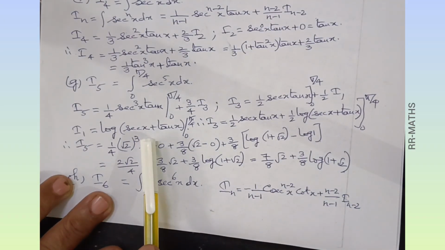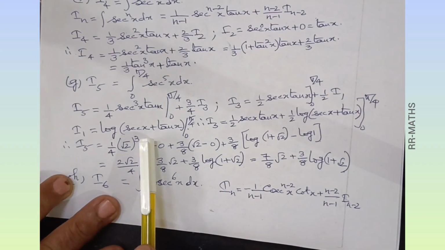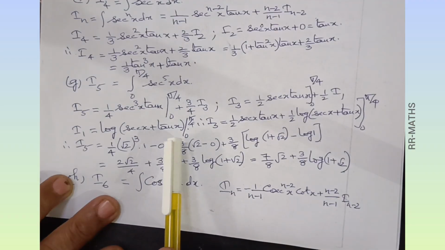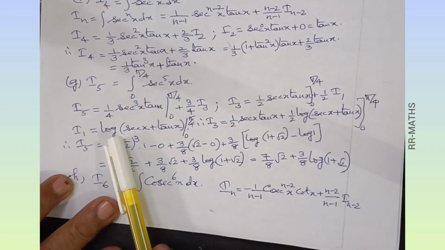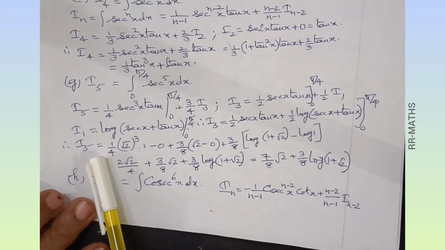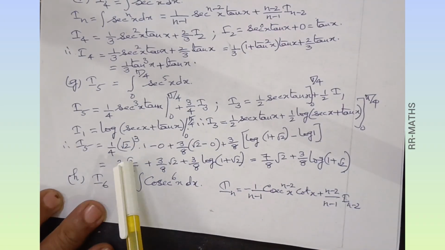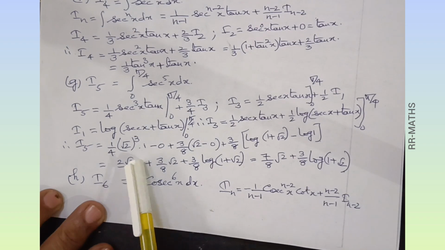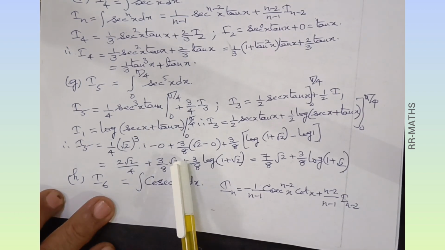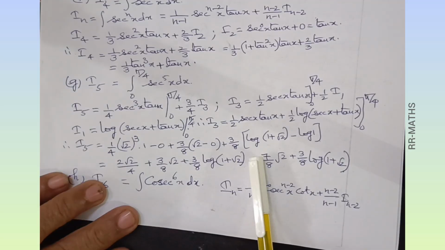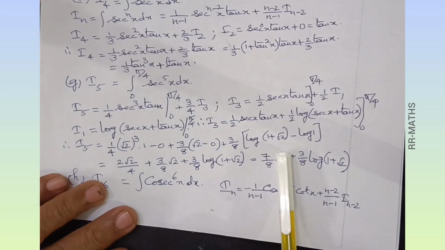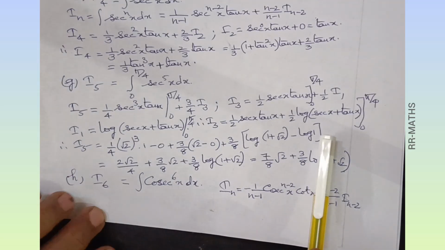So when you substitute upper limit, you get log of root 2 plus 1 and lower limit is going to be log 1 and log 1 is going to be 0. So now you go back and substitute everything here to get I5 as 1 by 4 root 2 whole cube minus 0 lower limit plus 3 by 8 into root 2 minus 0 plus 3 by 8 into log of 1 plus root 2 minus log 1 is 0.